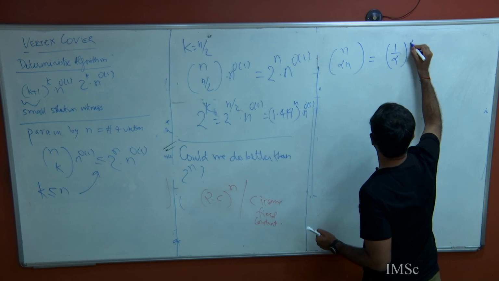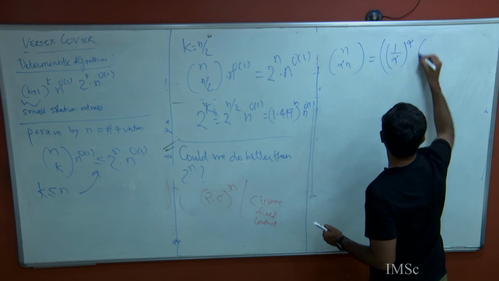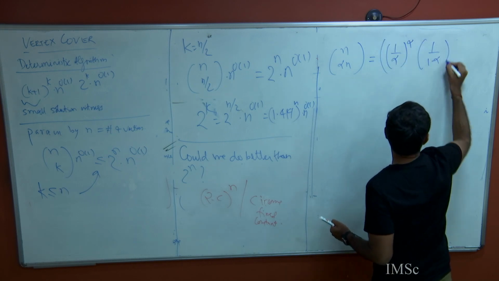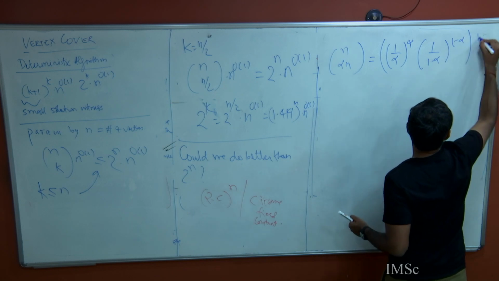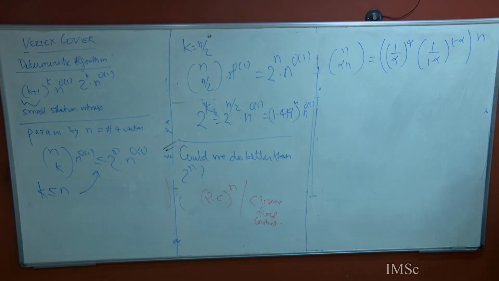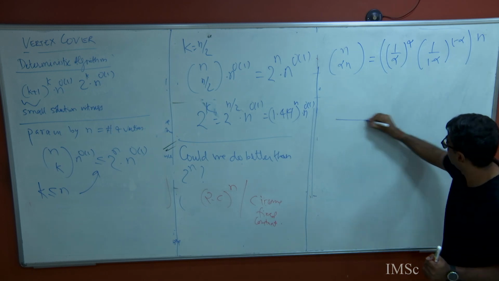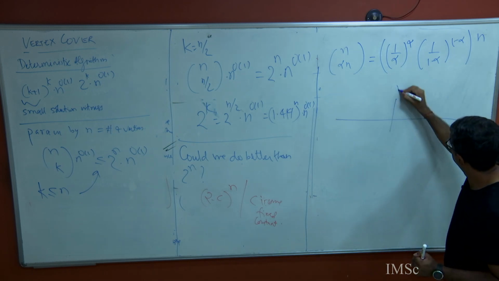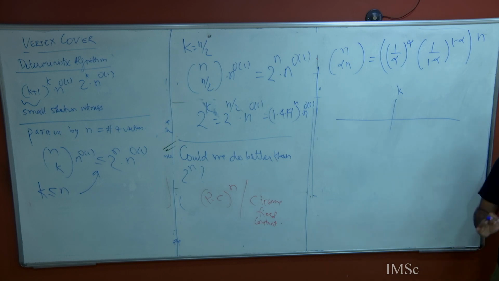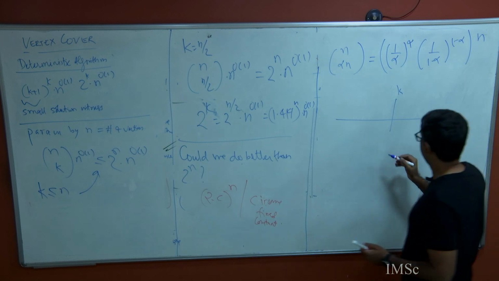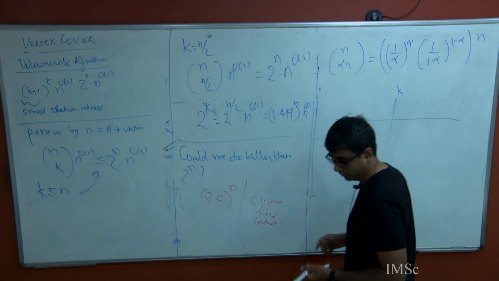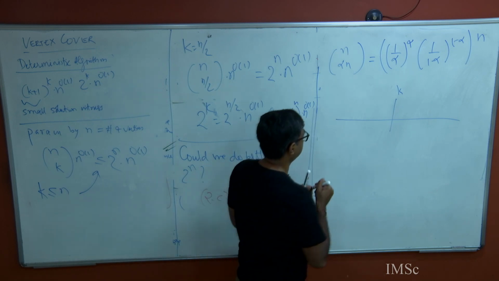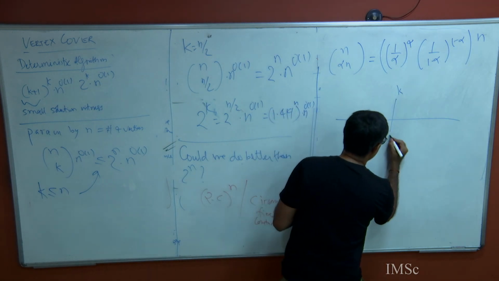It was just alpha, no? This is the formula. Now, look at the range of k. Suppose this is k, say n over 2.